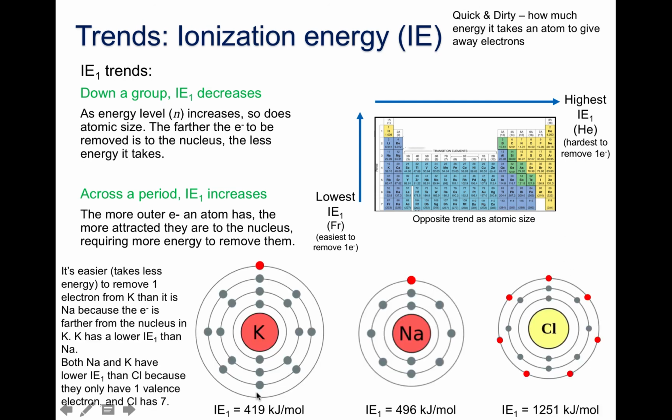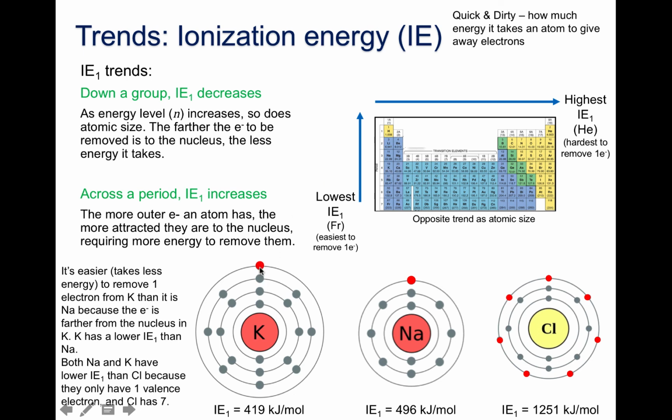And here are some diagrams comparing something like potassium and sodium, which are in the same group. We know that they both have one valence electron and like to give away one electron when they form an ion or participate in reactions. And potassium is going to have a lower first ionization energy than sodium, and it's lower on the periodic table. It's in period 4.